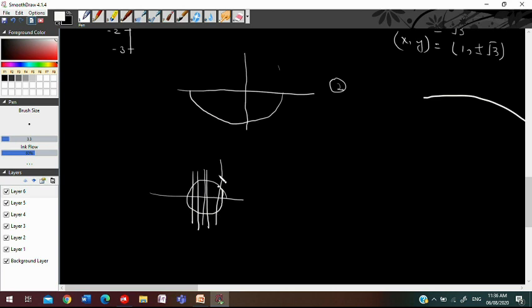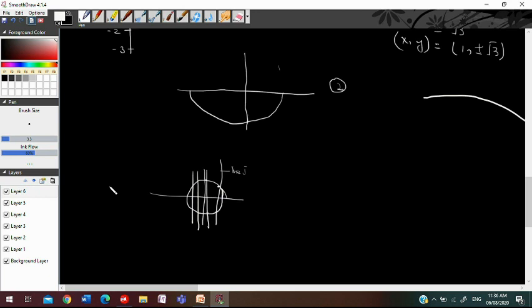The first line intersects the graph at this point and this point, and line 2 also intersects the graph at this point and this point, and this happens as many times as you have dropped the lines.